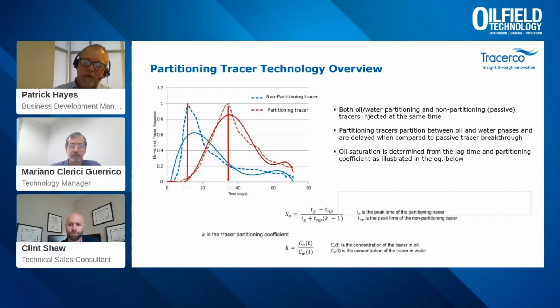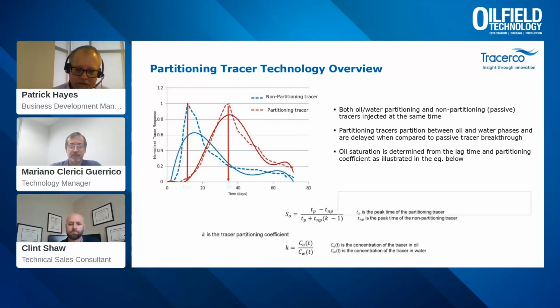So for people simple like me, here's another graph with a few calculations on how we actually measure remaining oil saturation. This was a particular methodology that I thought was a little bit difficult to understand, and having a few more slides might help. So the blue trace is the passive tracer arrival, the passive tracer arrival pulse.